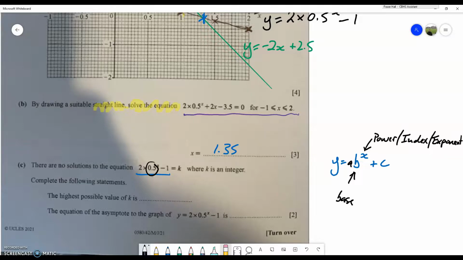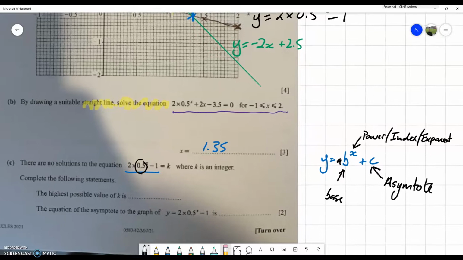But I suppose for this question, the key point is this value on the outside, which would be the asymptote. So in other things like straight lines, parabolas, and so on, the constant or the value that's by itself with no x attached to it is described as the y-intercept.